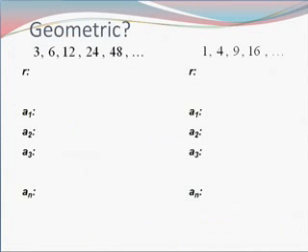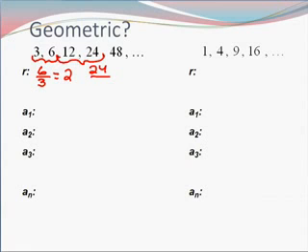Okay, let's use this idea to test and see if a given sequence is geometric. So let's compute the ratio of the second to the first. So 6 over 3 equals 2. And let's take a look at the fourth and the third.